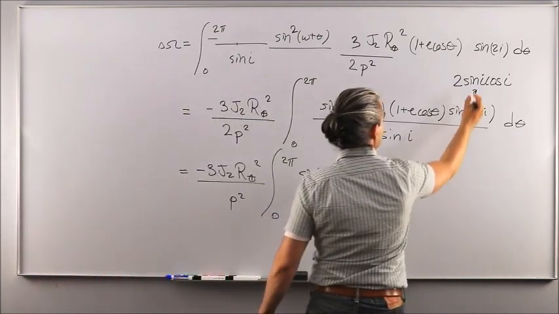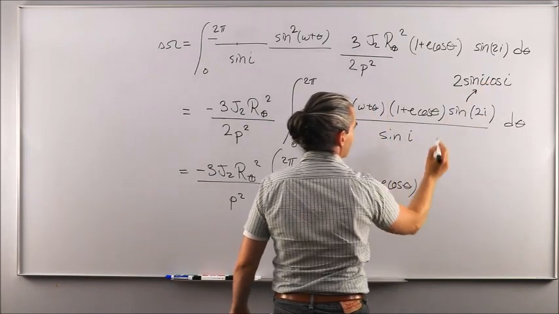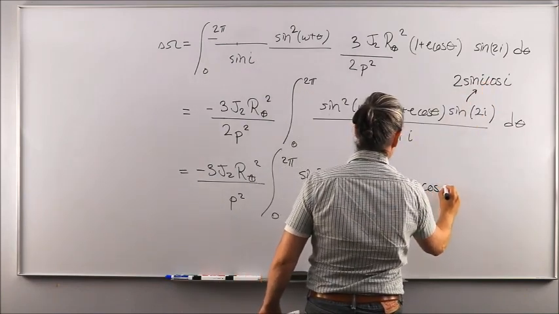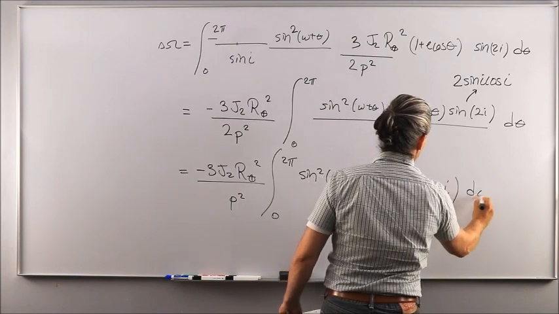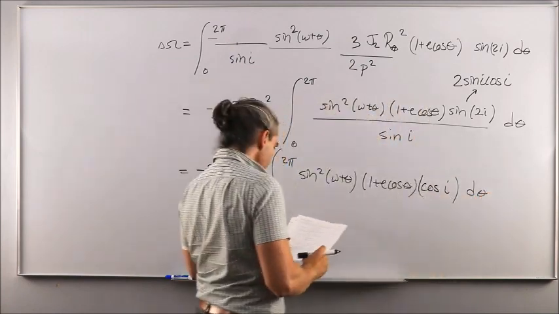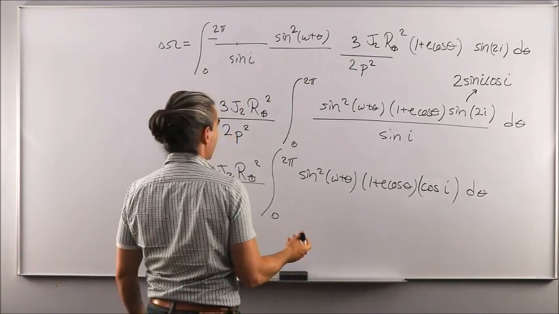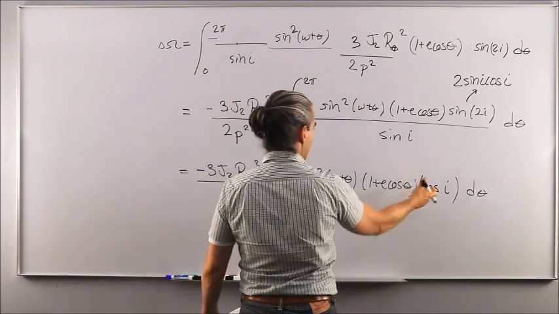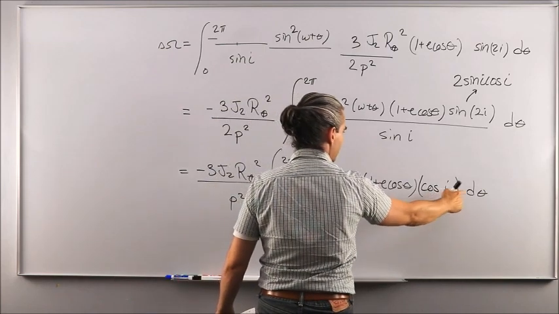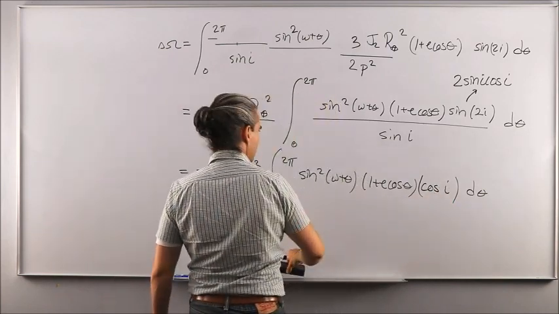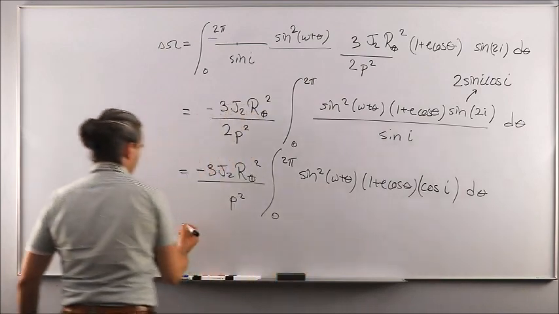And here I'm going to get sine i divided by sine i, both get cancelled. So cos i, and then d theta. And actually the cos i can be taken out of the integral because this is not affected by true anomaly. Let me do it on another line.